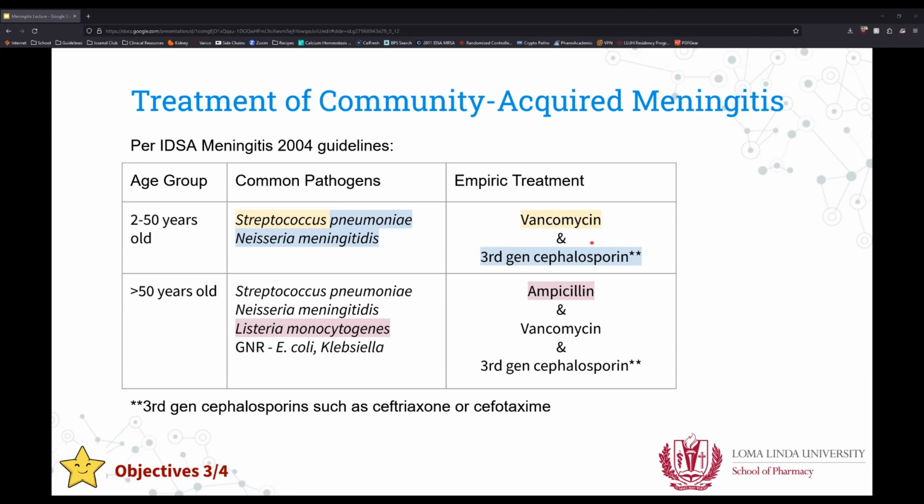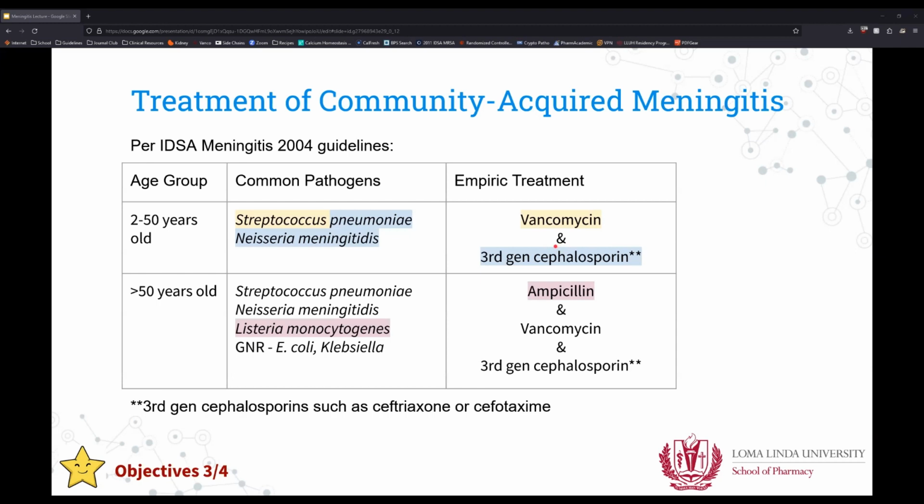And that is important, right? Because again, meningitis is going to have a high mortality risk. So we do want to definitely be treating it. However, there is some debate whether the vancomycin is truly necessary or not, but this is what is remaining in the IDSA guidelines and what is commonly done. So both agents will still be used empirically.